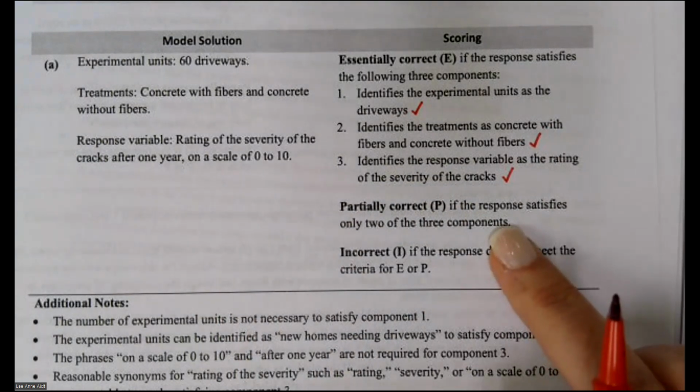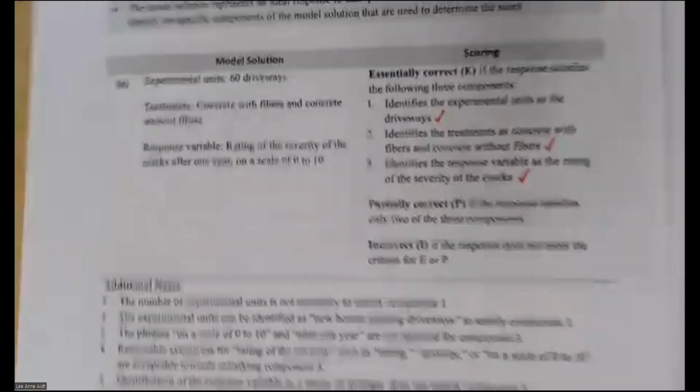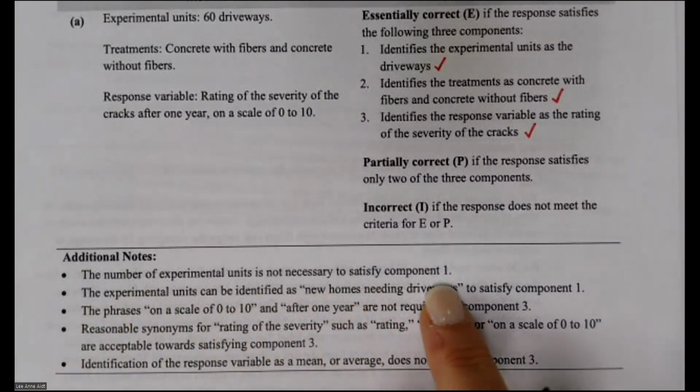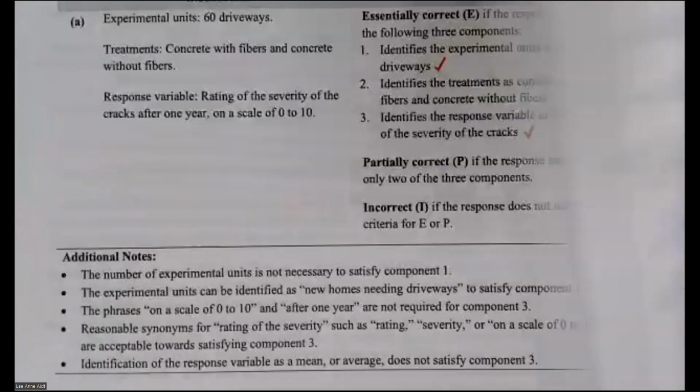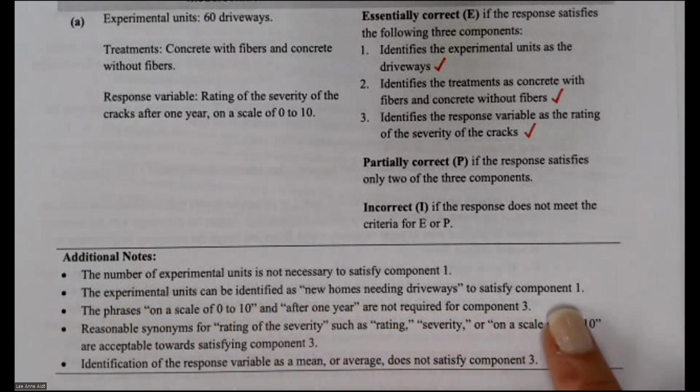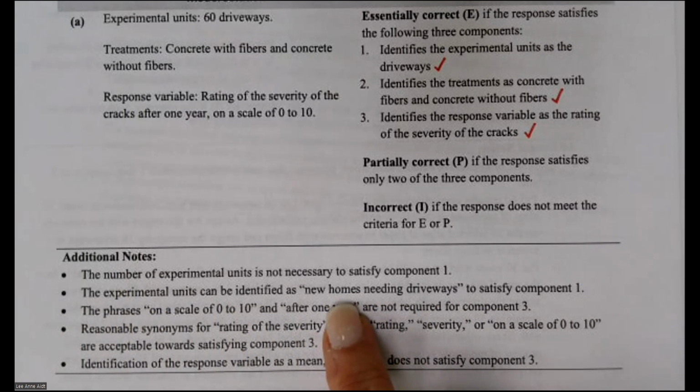Partially correct if you got 2 of the 3 of those, and incorrect if anything else. Let's read the notes. The number of experimental units is not necessary to satisfy component 1. I put that because I'm an overachiever. I put the 60 driveways. The experimental units can be identified as new homes needing driveways. Oh, you could have said homes.